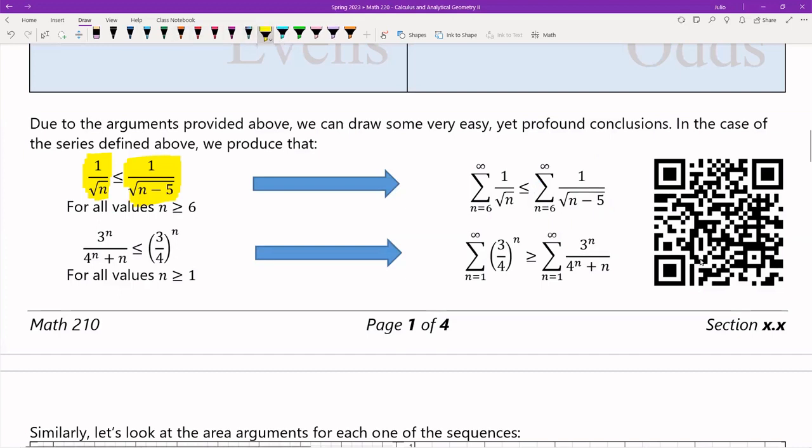And likewise, for the 3 divided by 4 to the n, all of those terms are bigger than this new series that I gave you. So if I start adding up, hopefully you see it, this is now the other way.